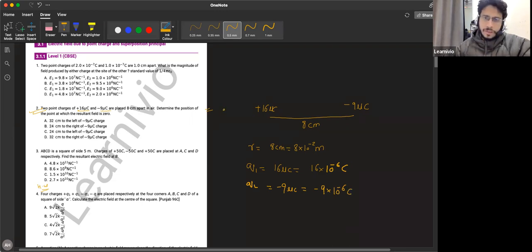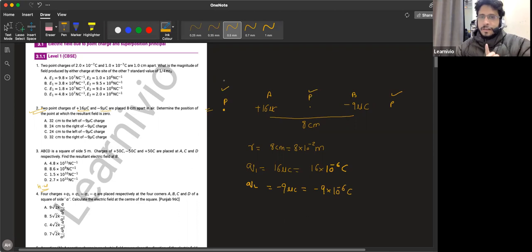So let's take this point. This is point P. This is charge A and this is charge B. The point at which net field is 0 could be anywhere: here, or here, or here.